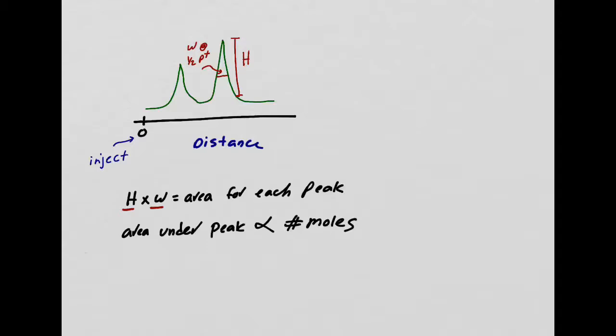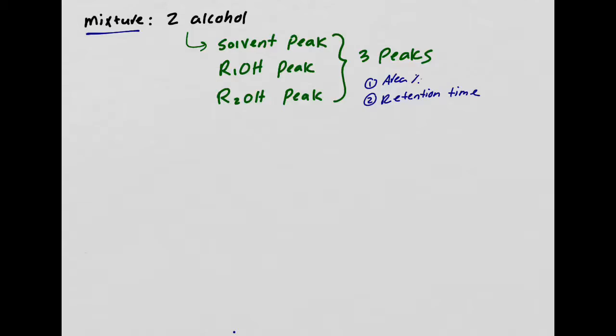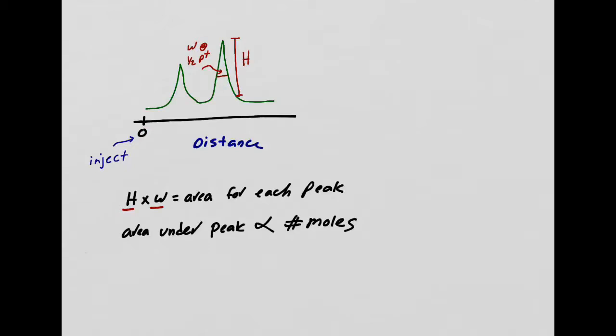I'll repeat this again. So again, you're going to get a graph. And in our case, we said I'm going to have 2 alcohols in the mixture. One is going to be the solvent peak. We're going to get to that. For my compounds, I'm going to get 2 peaks for my alcohols. Here's a sample graph that I could get. Here are my 2 peaks. Injection would be 0. And then these are my 2 peaks for my alcohols. And the way I look at it, I look at the area for each peak, which is the height times the width.